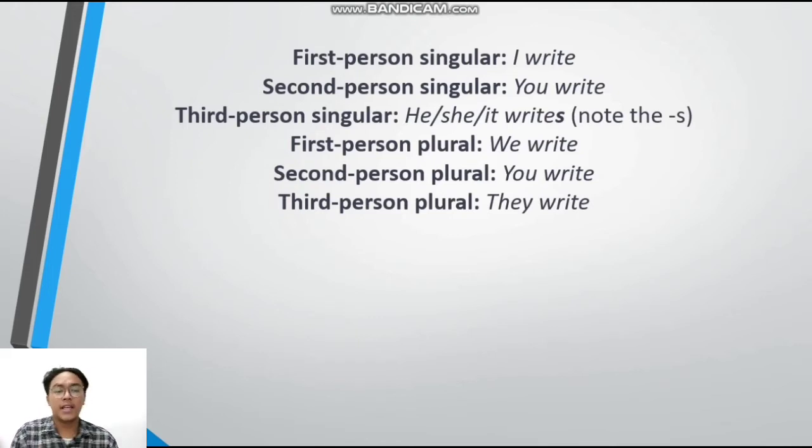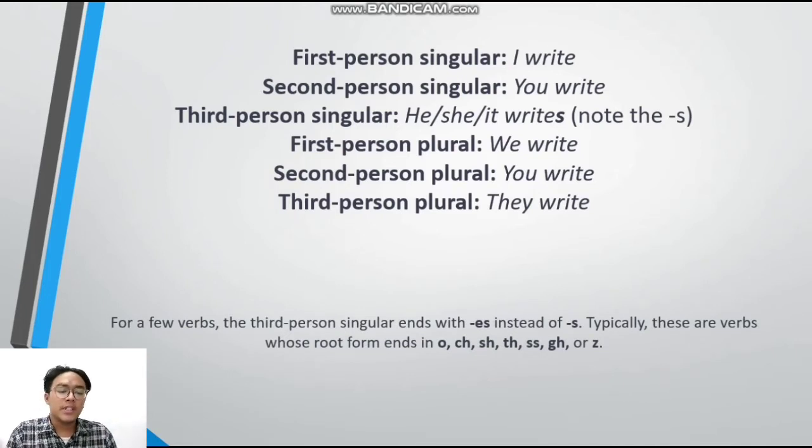The second person singular is you write, right? And the third person singular, like he, she, or it, uses the s at the end of the verb, like writes. Note the s. First person plural, we write. Second person plural, you write. And third person plural, they write. It's the same.